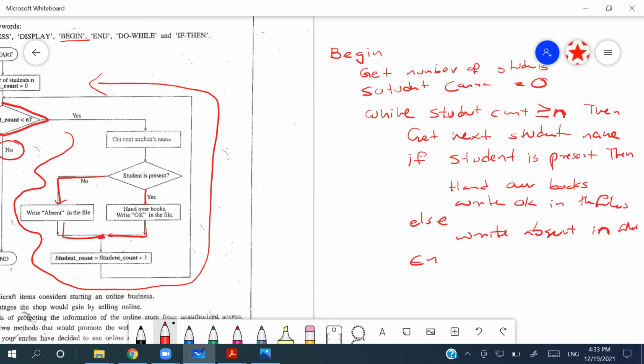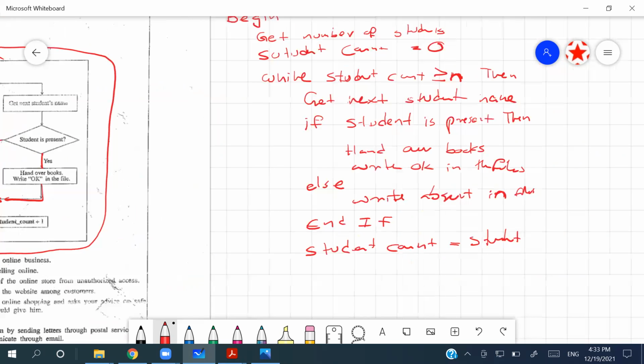Right? Then end if should be there. And then the student count equals student count plus 1.